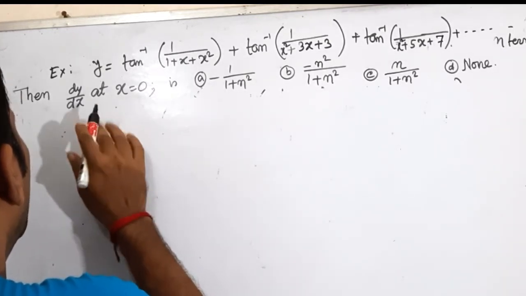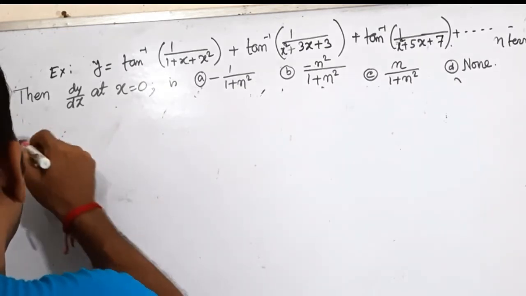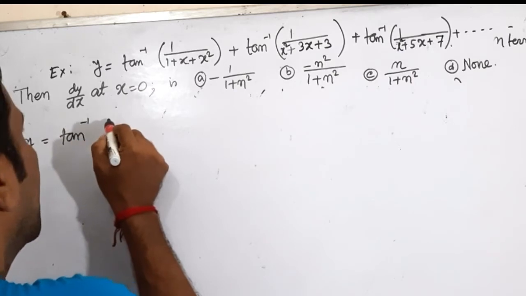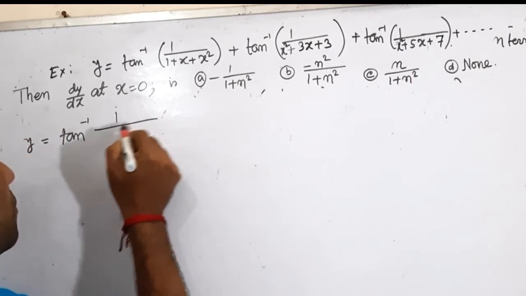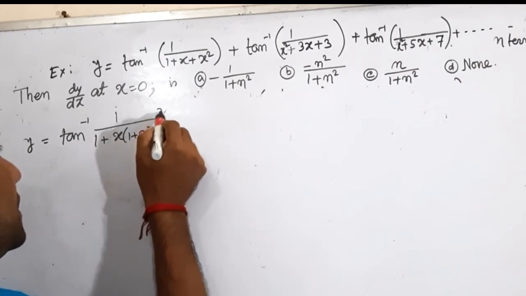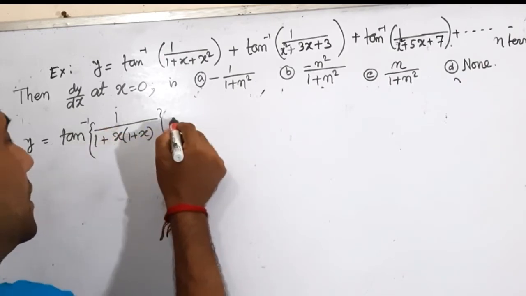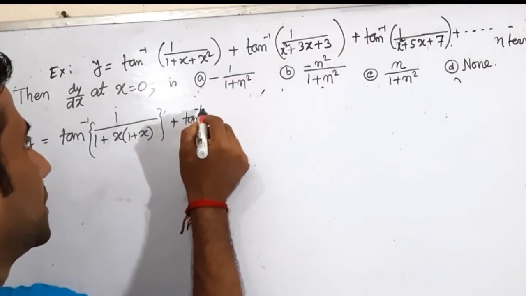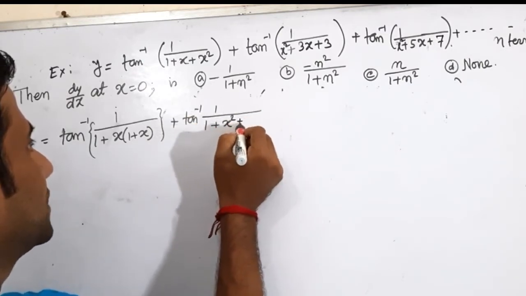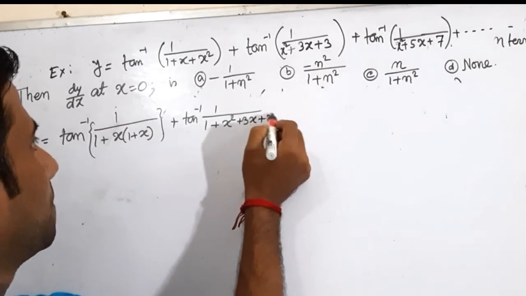y is equal to tan inverse 1 by (1 plus x) into (1 plus x), plus tan inverse 1 by 1 plus x square plus 3x plus 2.